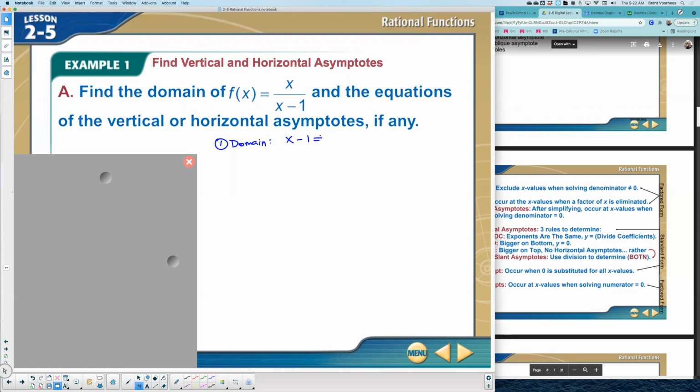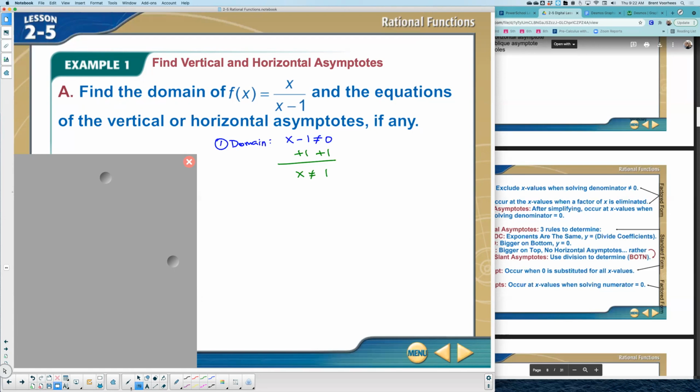X minus 1 cannot equal 0. And we solve this. To save space, I'm just going to write the answer just to the side. What would you need to do algebraically to solve to get X isolated? We would need to add 1. Now I told you I'm going to write that to the side. So what I'm going to do first is show the math. You see how we'd have X does not equal now positive 1.